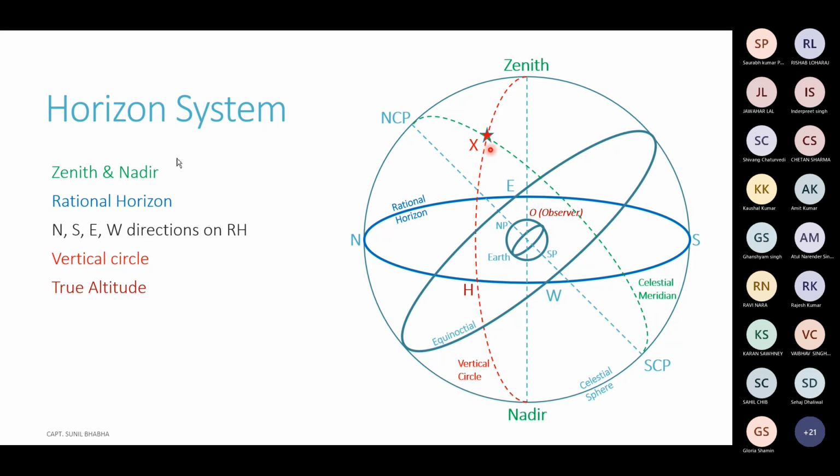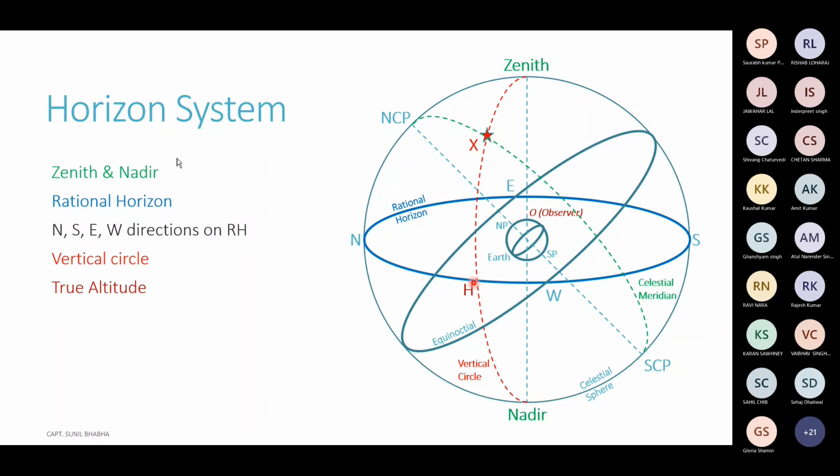So how do we specify the position? One of the terms used to specify the position of the body is the true altitude of the body. True altitude basically tells us how much above the horizon a particular body is.